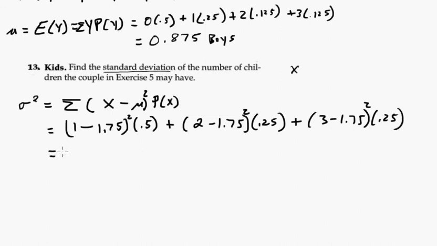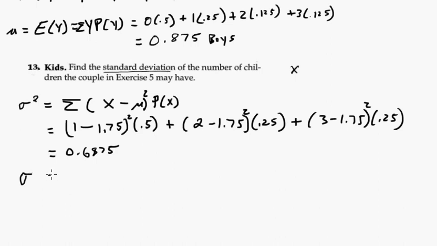And I get 0.6875. Okay, at first I looked at my notes and that looked wrong, but that's because that's not the standard deviation, that's the variance.